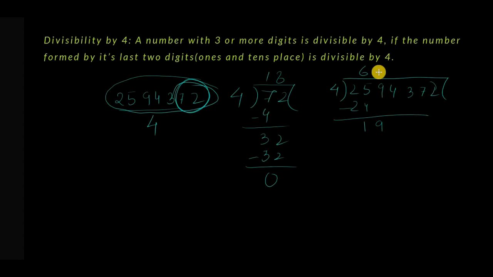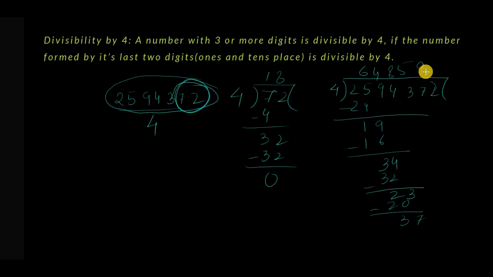I'll do it very fast. 4 is 16, so 3 is remaining, so 4 comes down. 8 4 is 32, so 2, then 3 comes down, then 5 is 20, then 3, then 7 comes down, right?